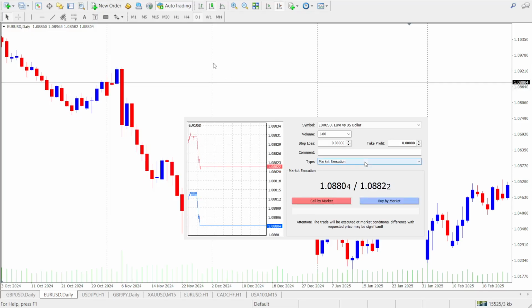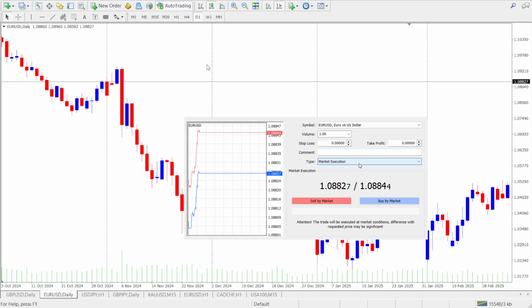This is what we call market execution, or a market order. So this means that you get immediate execution, but depending on market conditions, you might experience slippage, which means your trade could execute at a slightly different price than expected.